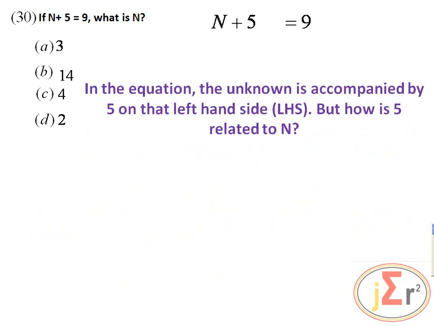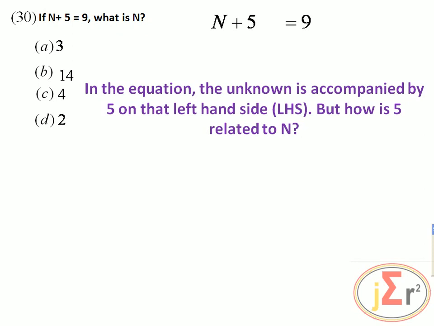In the equation, the unknown is accompanied by 5 on the left hand side. That is what LHS means, left hand side. Now we are solving this problem by making use of mathematical principles, which are the principles that we will use in solving an equation.